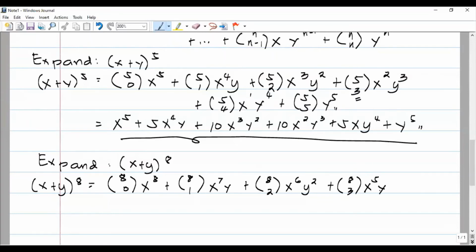What is the exponent of y? 3. Okay? Sorry, it must be 4.